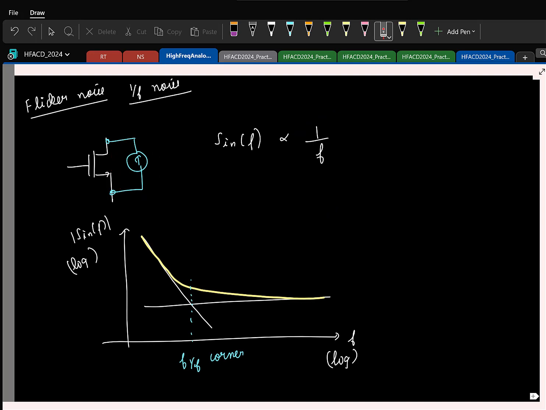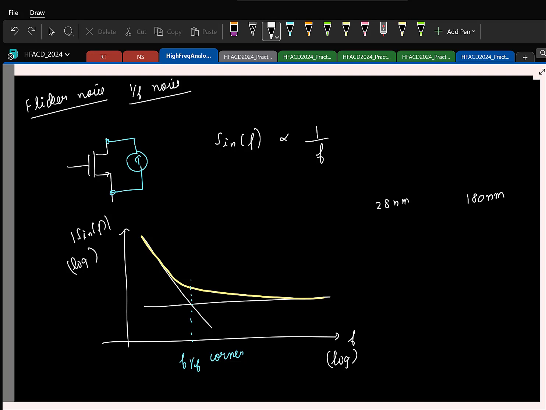But I just want to highlight that thermal noise is something fundamental that is coming straight from thermodynamics. You can't escape it. On the other hand, flicker noise is not fundamental. It comes from imperfections in the process. So let us say I take a 28 nanometer CMOS process and a 180 nanometer CMOS process.